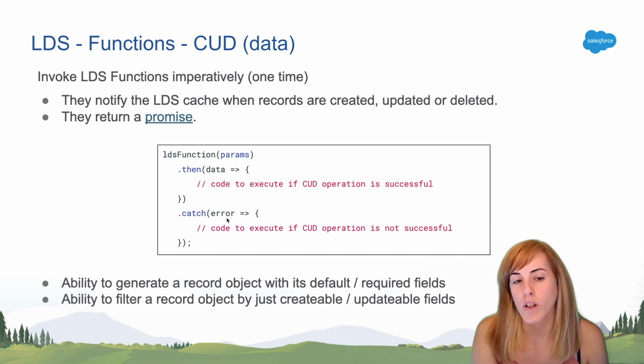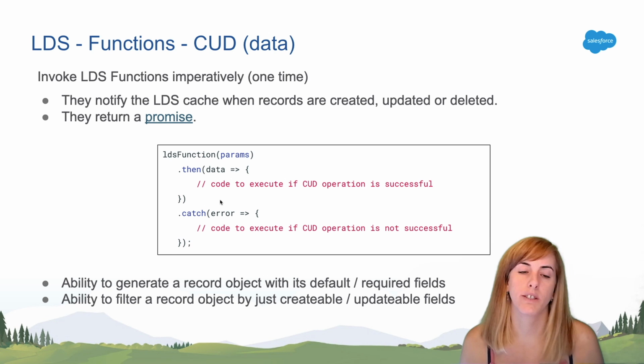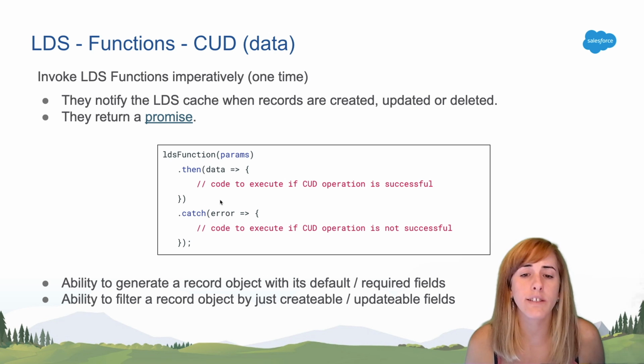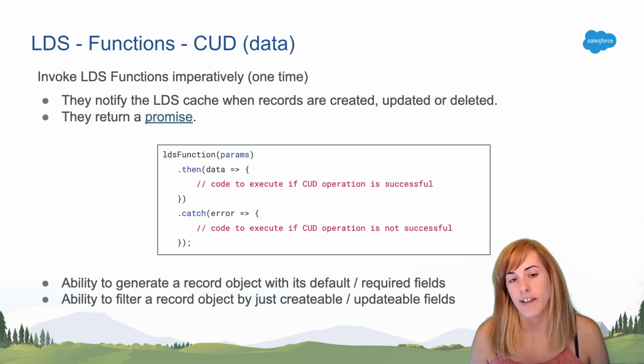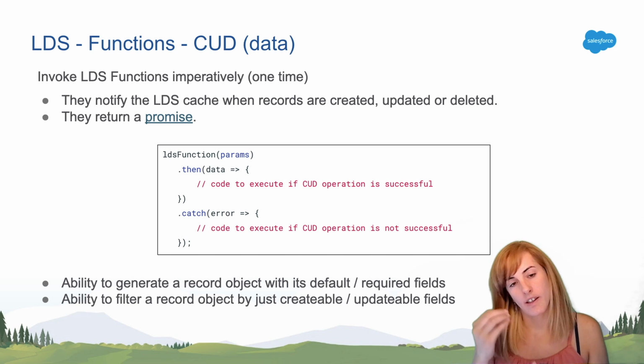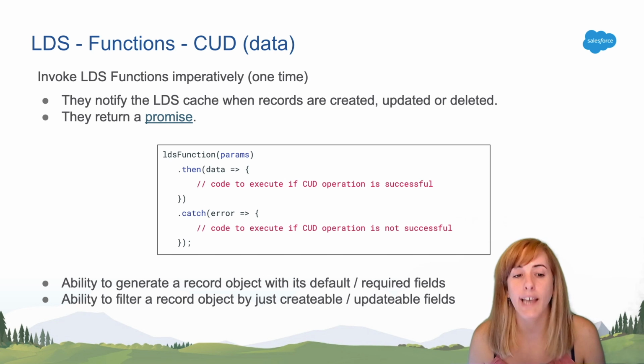This callback will also catch errors from the then block here. That's how promises work. And you always control, as I said, the moment in which the operations are executed. They are a one-time invocation.